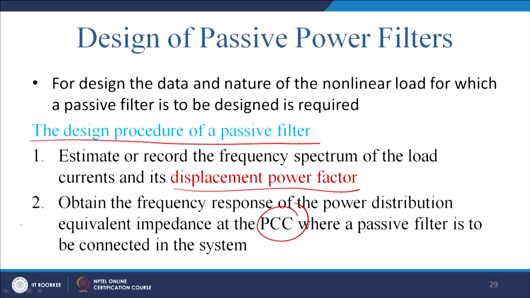In most cases we have a multi-bus system, and the load is connected to one of the buses, and you may have multiple nonlinear loads. We generally run load flow studies, frequency load flow studies, and thus you get the saddle point, that is, where the maximum harmonic contamination is, in which bus. You are supposed to put the filter at that bus, considering the spectrum of the harmonic content at that bus.